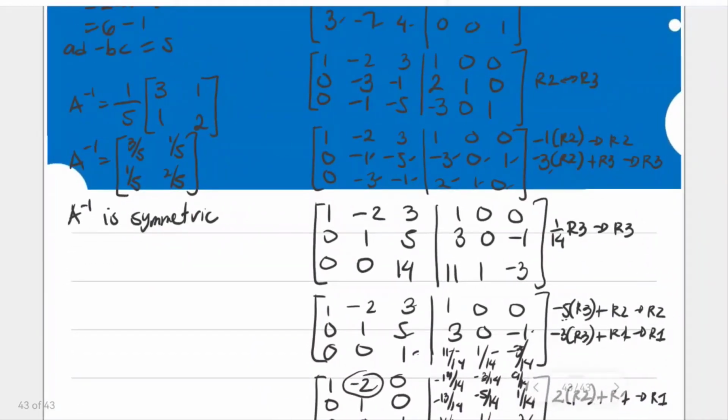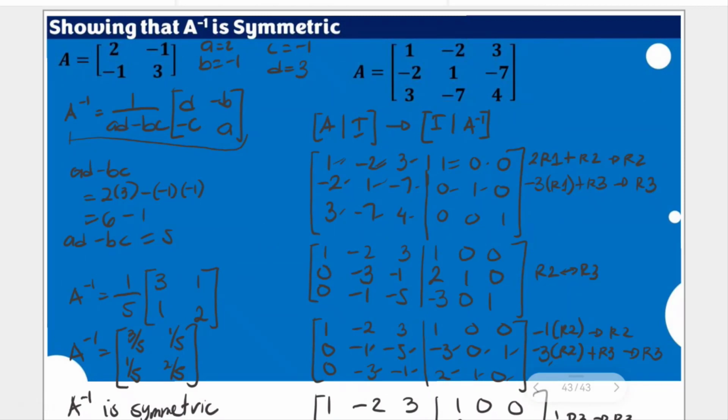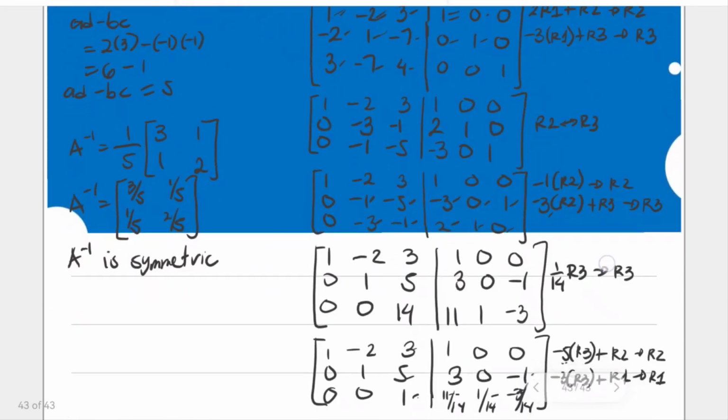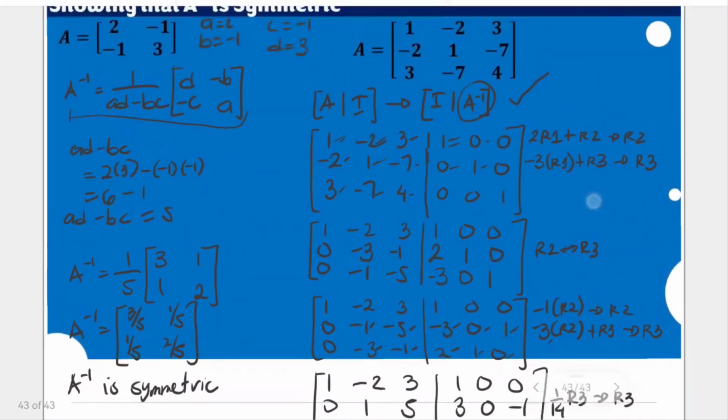Of course, the first method is shorter as it is involving a 2 by 2 matrix. But for 3 by 3 and for larger square matrices like 4 by 4 and 5 by 5, we'll be using this method, and then we're going to aim for an inverse using the row operations that will result in the identity here. This is for this video.